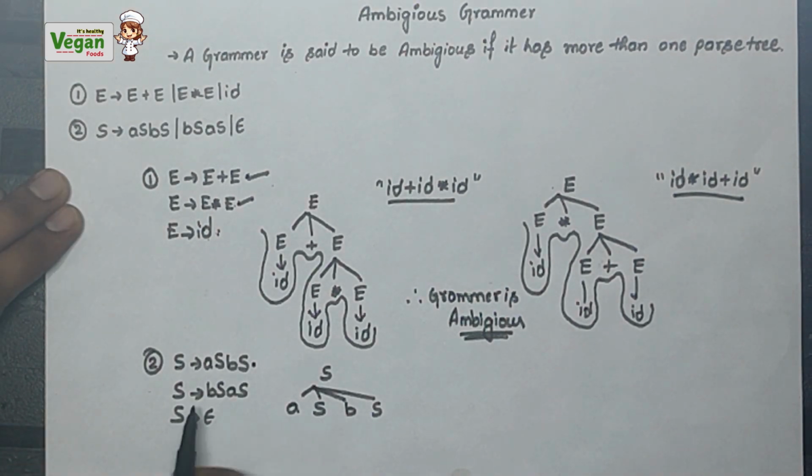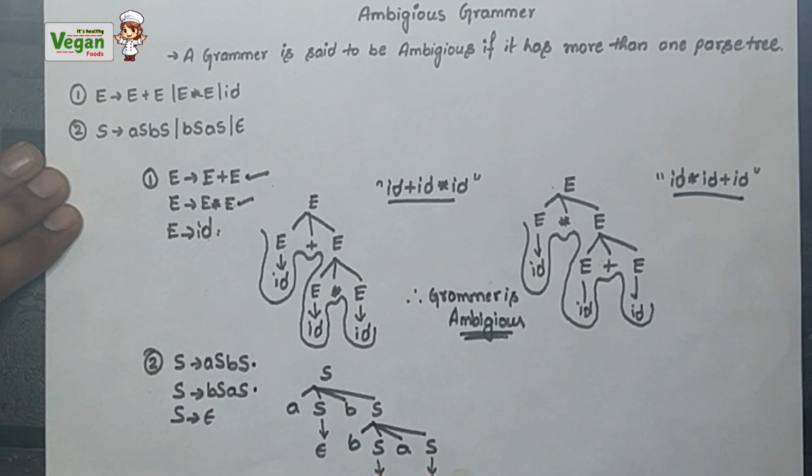So here S is there, I will use this production. You can take this S or this S. I will select this S: B, S, A, S. Now each S must be replaced using epsilon. Now traverse from left to right using the leaf nodes: A epsilon B epsilon A epsilon.